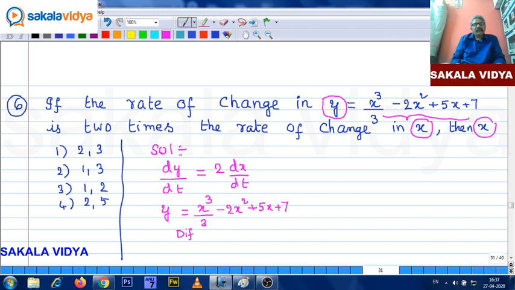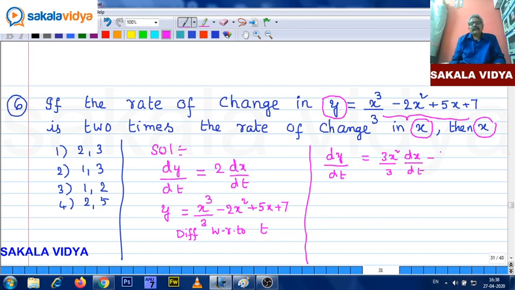Differentiate with respect to not x, with respect to time t. So, the derivative of y with respect to time is dy by dt equals x cube differentiation is 3x square upon 3 into dx by dt, minus 2x square differentiation 4x dx by dt, and 5x differentiation 5 dx by dt, whereas 7 is constant 0.